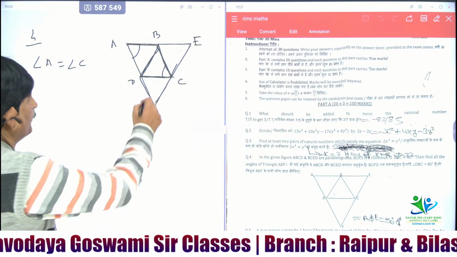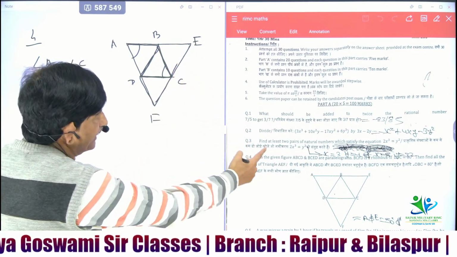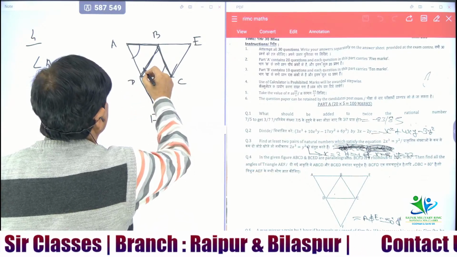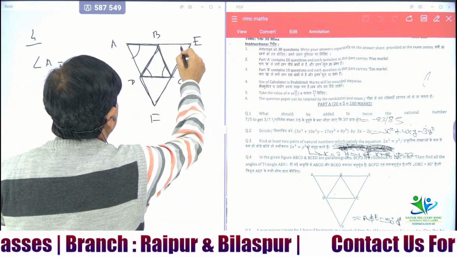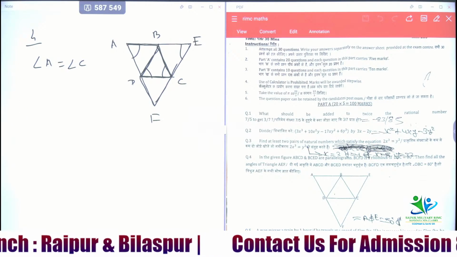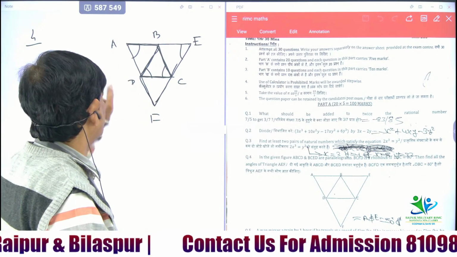Similarly, if we apply the second parallelogram, BCED, then you get angle D is equal to angle E because this one is also a parallelogram.